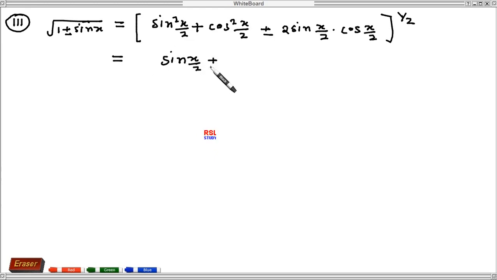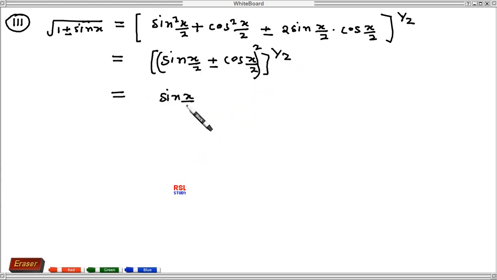That means if there is such an expression, you can write it like this.